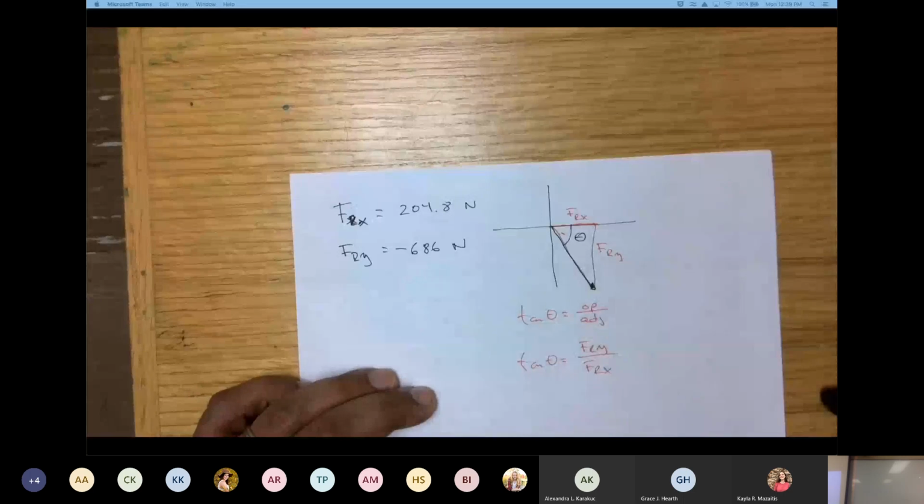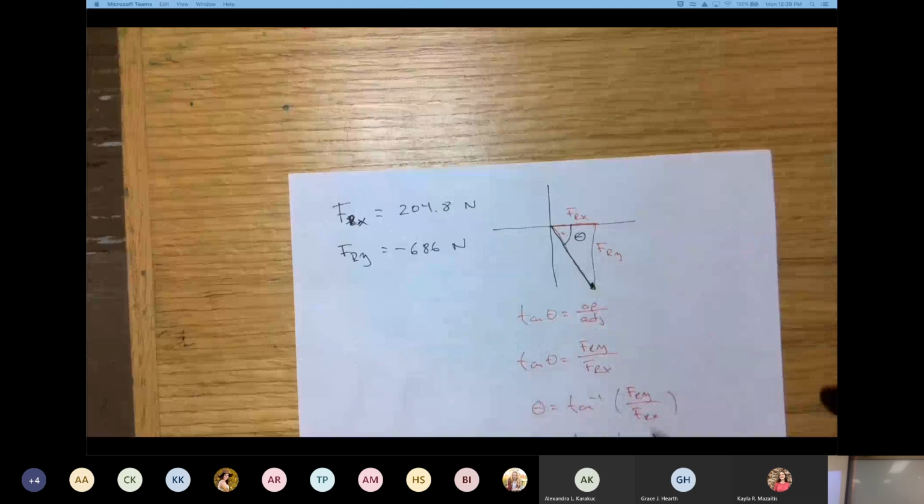And then to calculate theta will be the inverse of the tangent, or the arctangent, of the y component over the x component. So in this case, negative 686 over 204.8. And that will give you the 73. Does that make sense, Grace and Alexis? Okay. Everybody's clear also how we calculate that angle?